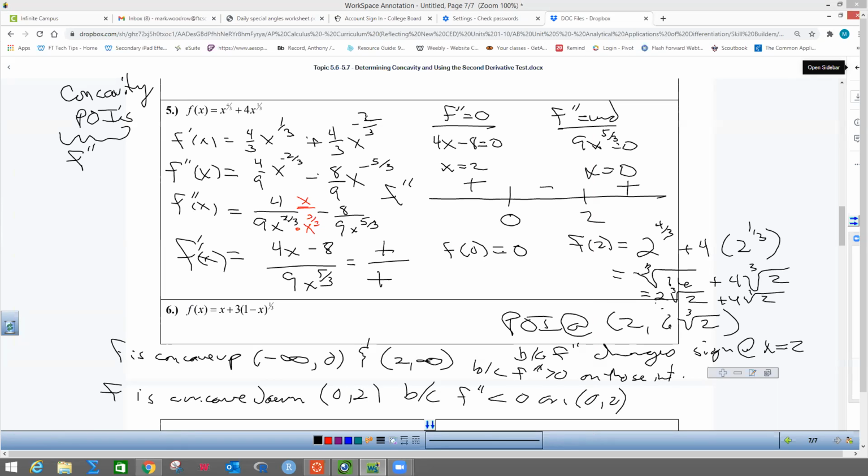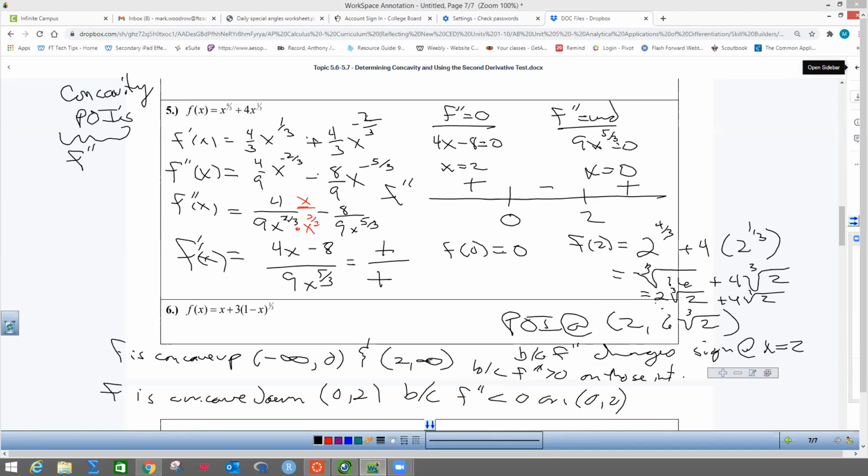That is correct. Oh, yeah, that's correct. POIs do not happen where the second derivative does not exist. That's right, where it is undefined. So because f double prime of 0 is not a value, because you have 0 in your denominator, you cannot use that as a POI because it's undefined.